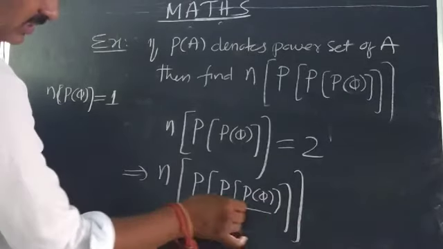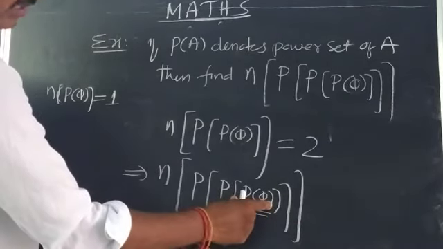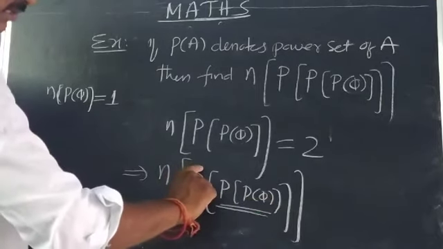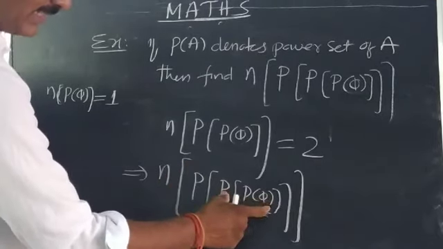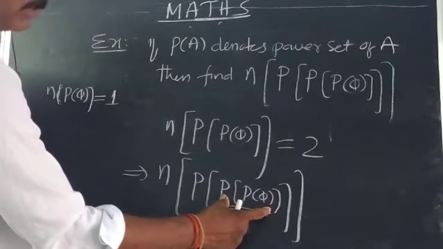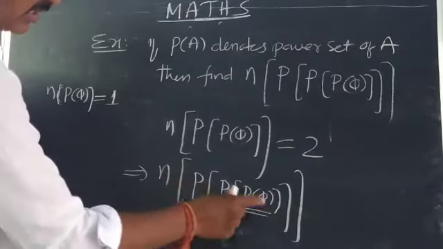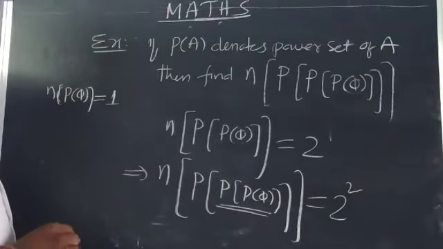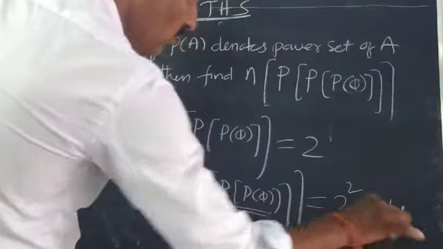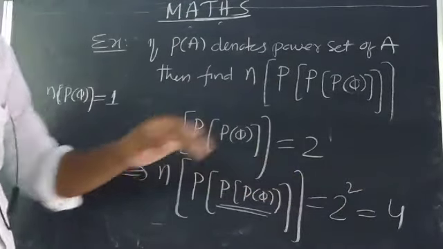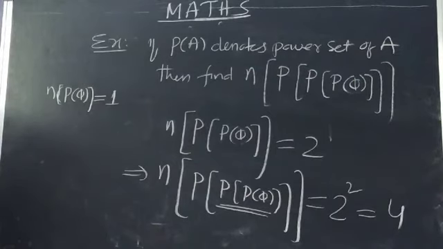If you assume this as a set now, P of P of phi, and you know the number of elements in this set, you can find the number of elements in its power set. This set contains how many elements? 2. Then the number of elements in the power set is 2 square, right? 2 square equals 4. So the number of elements in this set is 4. Okay, completed.